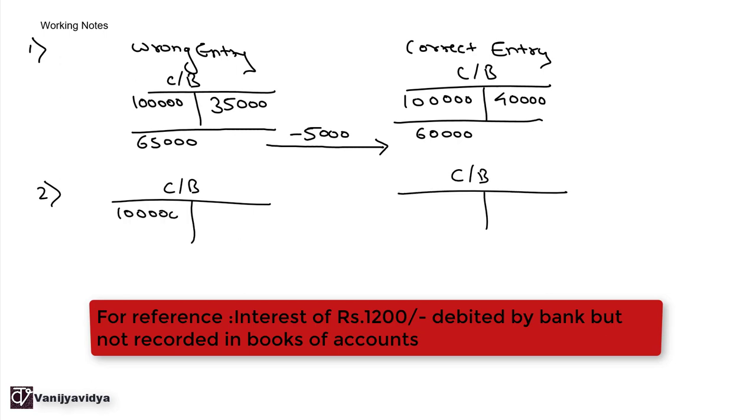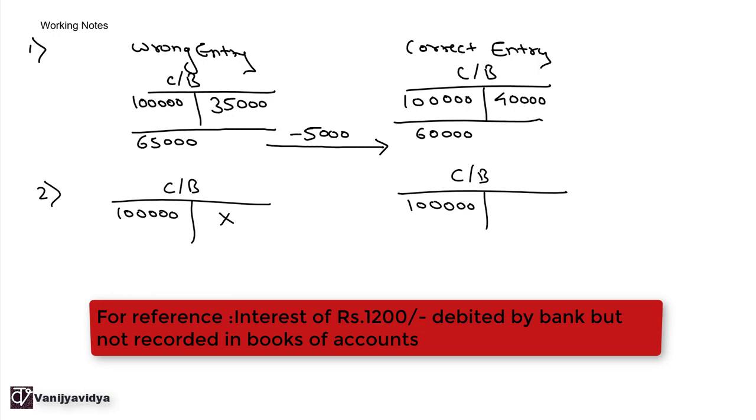Let's assume the balance as 1 lakh. Now here there is some interest of rupees 1200 which is not recorded in the cash book. So as such there is no wrong entry. This entry is not recorded in the cash book. So here there is no entry initially.